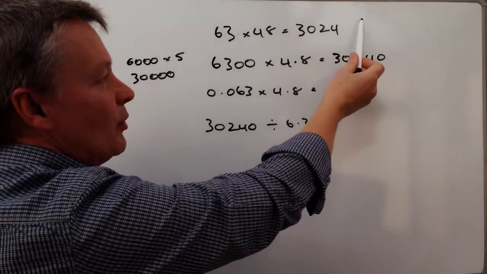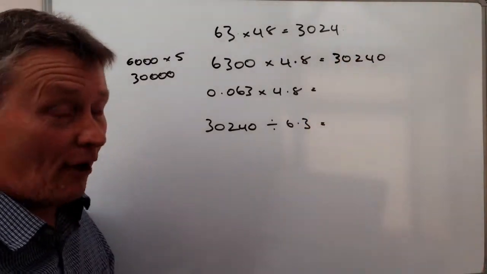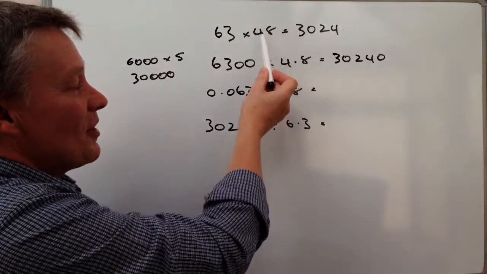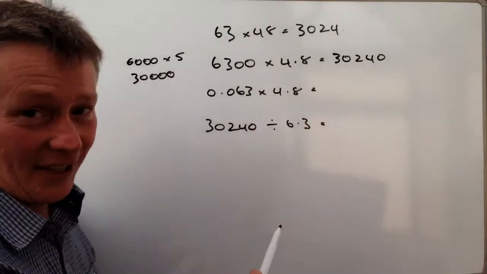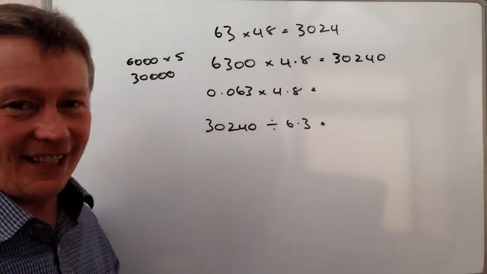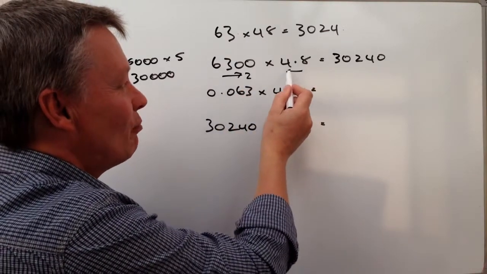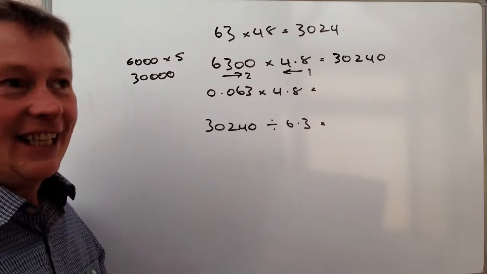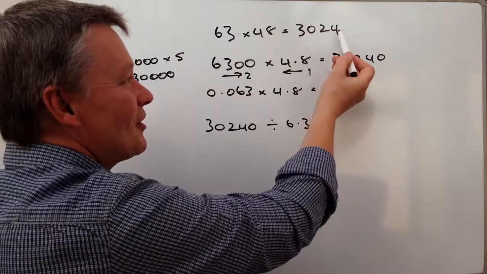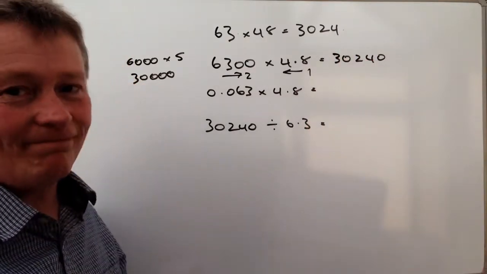However, on this one, it's also moved back 1 place. So you've got to net it off, really. You moved along 2 places and then moved back 1 place, so the net movement is actually 1 decimal place.